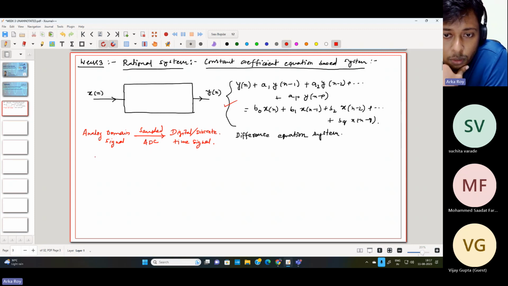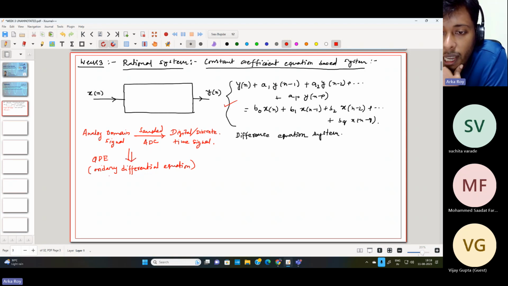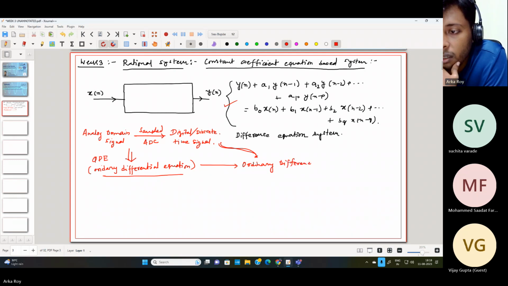For analog systems, we know there is what we call the ODE, that is the ordinary differential equation. So in an analog system, we have the ordinary differential equation. The same ordinary differential equation is basically converted in the digital domain to the ordinary difference equation.